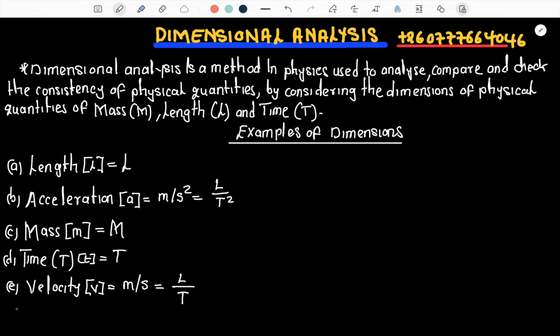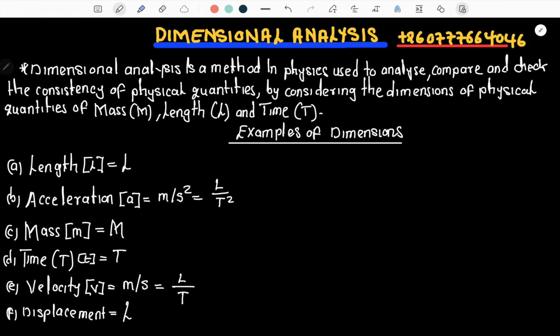How about the dimensions of distance or displacement? How do you go about writing its dimensions? Pause this video and try out to see the dimensions of distance or displacement. Well, the dimensions of distance or displacement is basically L because it is still the length.